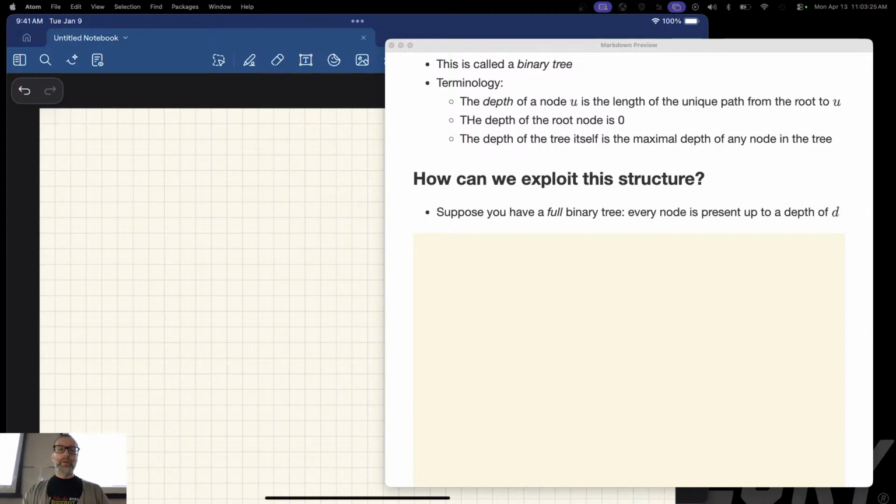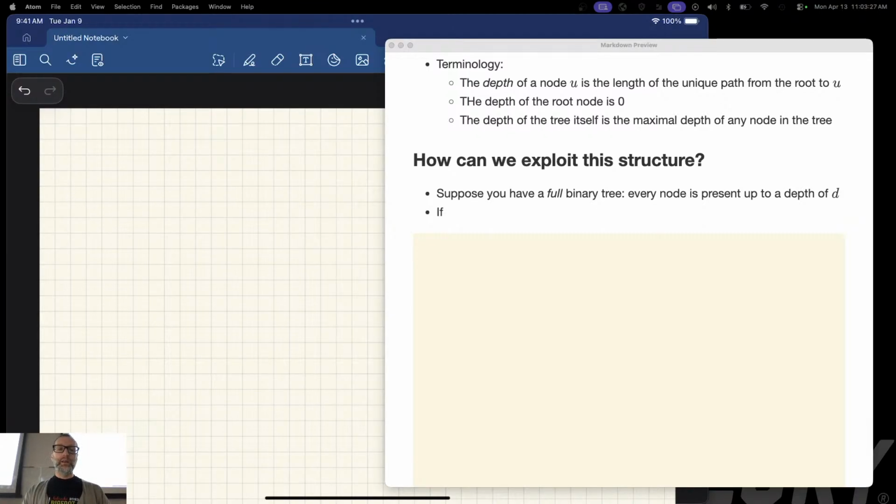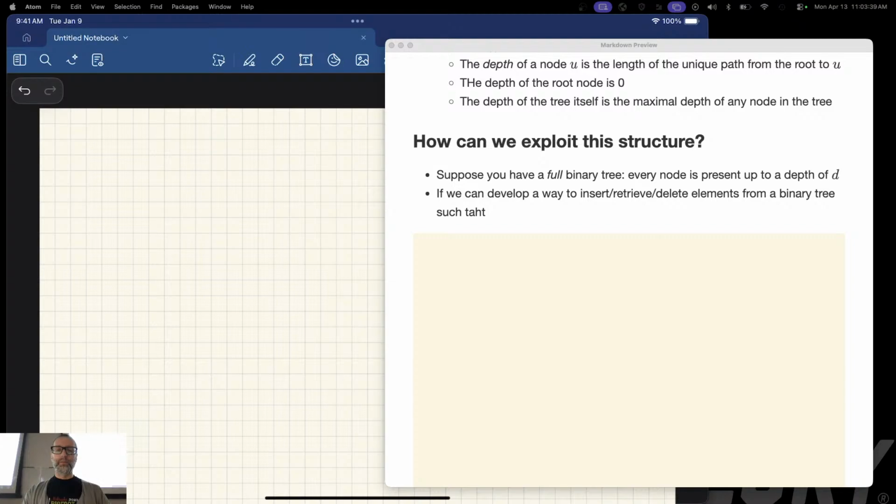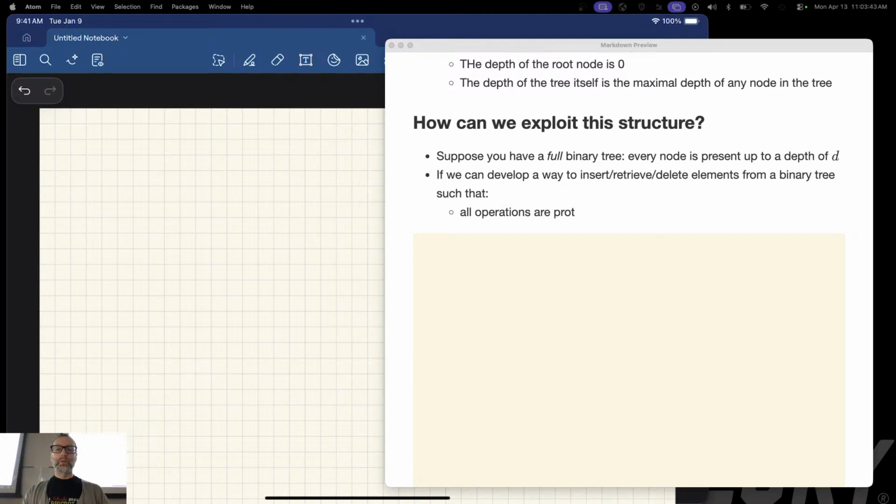All right? If we can develop a way to insert, retrieve, or delete elements from a binary tree such that all operations are proportional to the depth of the tree, right?